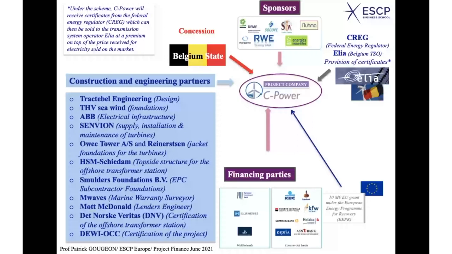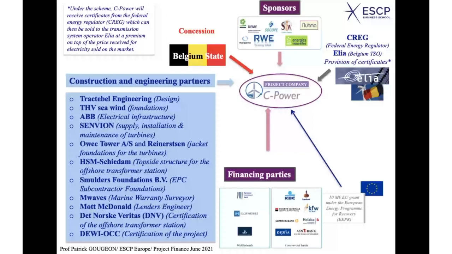So they are committed to buy the electricity provided by Seapower, and they also provide certificates. We'll come back to this later on, but these are certificates for the saving of CO2 emissions. These certificates can be sold later on by the company, which provides the company with additional income.